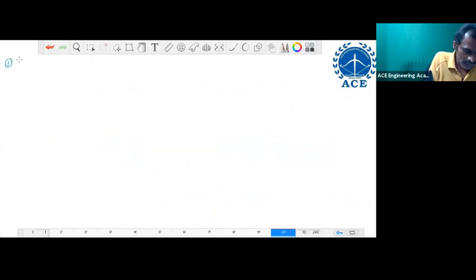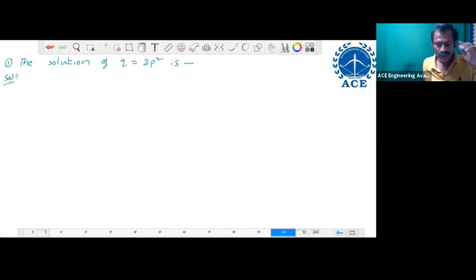Problem number 1. The solution of q equal to 3p square. It is understood that p means dou z by dou x, q means dou z by dou y.